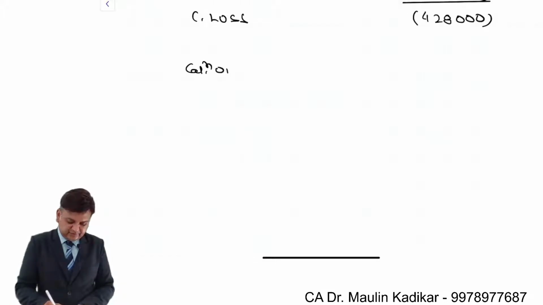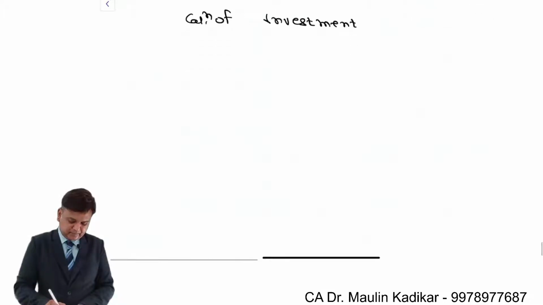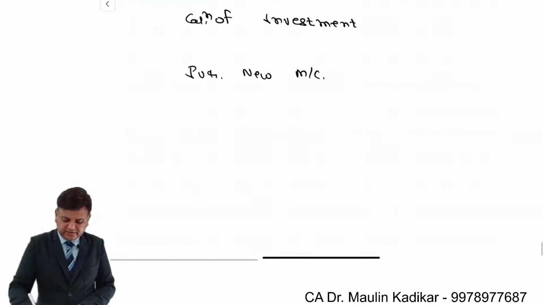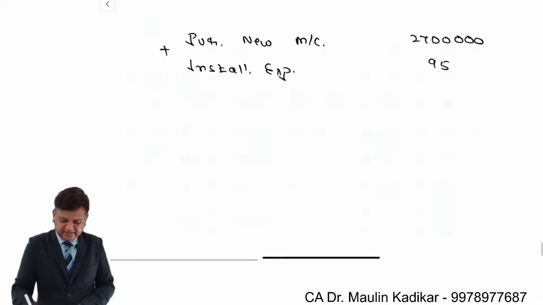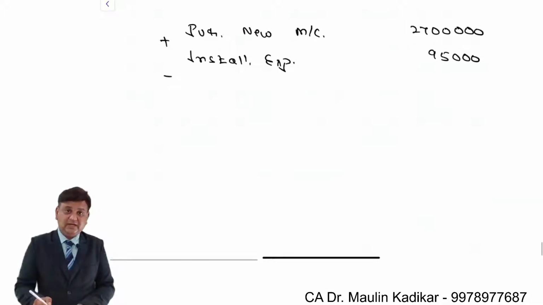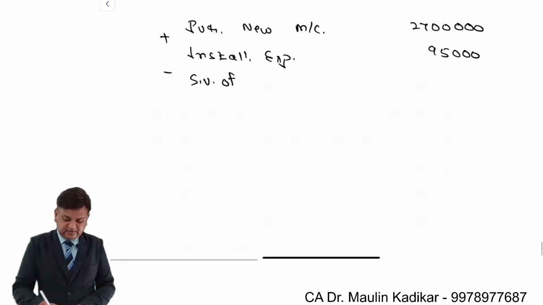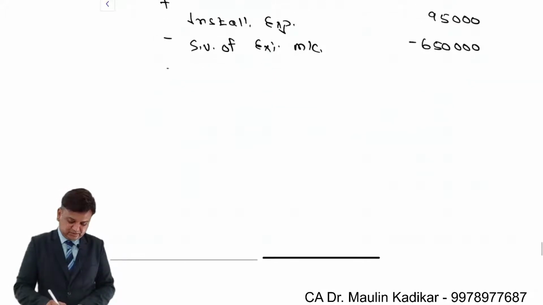Then calculation of investment. Purchase new machine for 27 lakhs plus installation expense of 95,000, less sale value of existing machinery 6 lakhs 50,000, less capital loss tax savings.